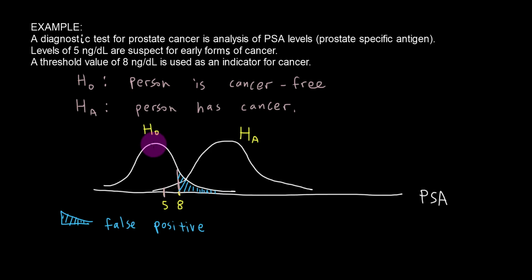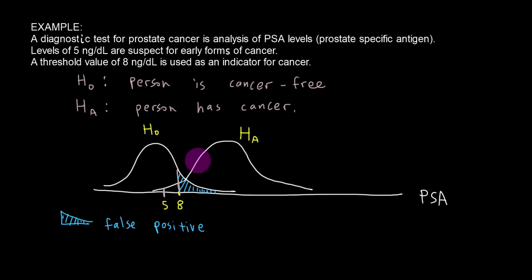Okay, let's consider the false negative region. This would be individuals who have cancer, but their PSA levels are low. So they were not alerted of concern based on this indicator for cancer.